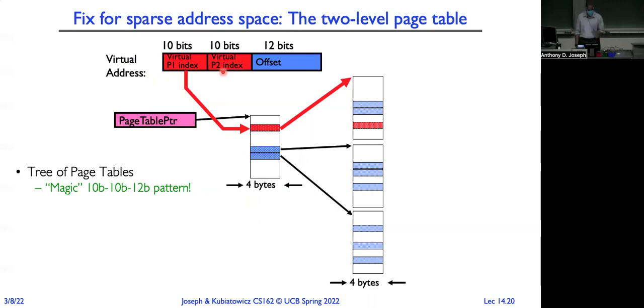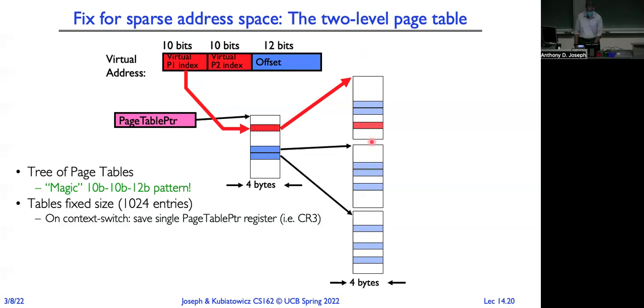So we just need one pointer. We take our top 10 bits and index into the root of our page table. That gives us the physical page number of our next level page table. So that's this physical page here.